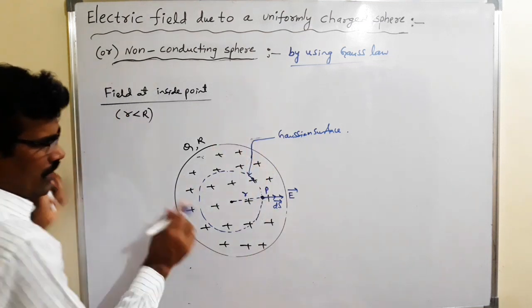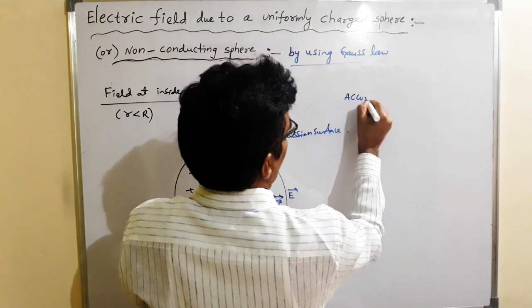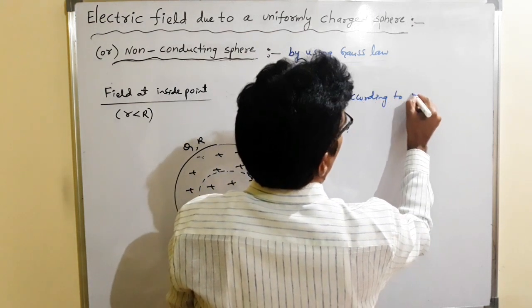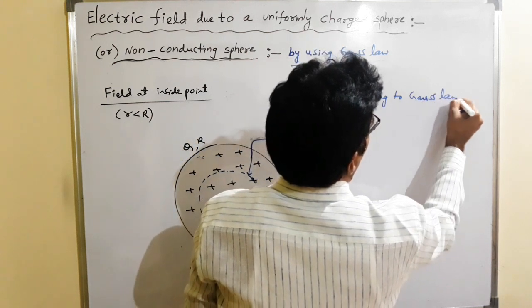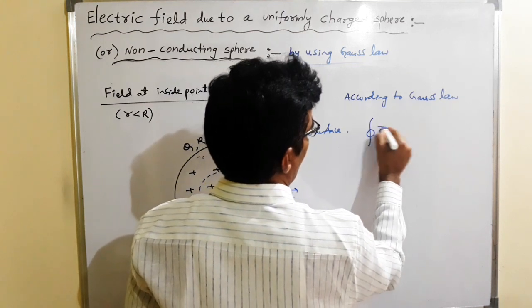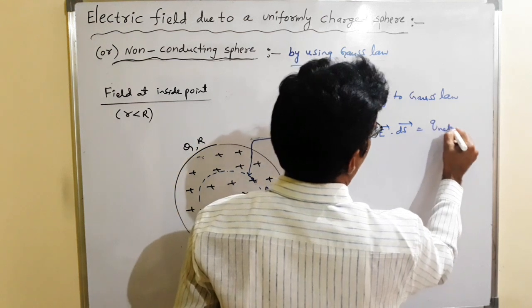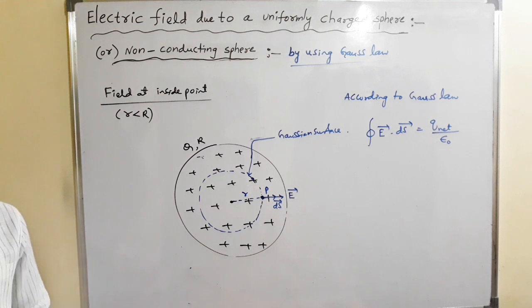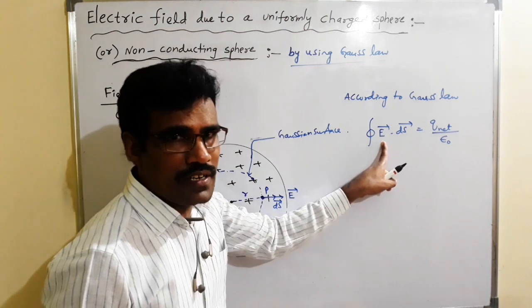Therefore, applying Gauss law, integration E bar dot ds bar equals q net by epsilon naught. E bar is constant everywhere.